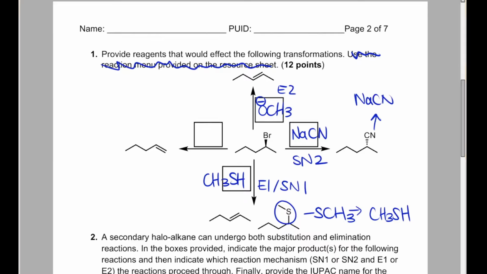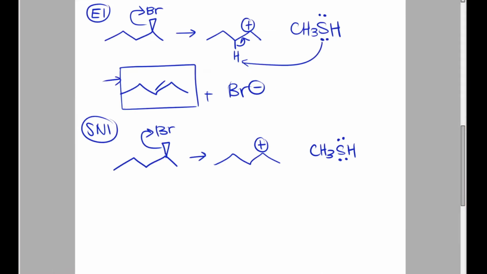But an SN1 reaction will not create an inversion of stereochemistry, because the leaving group has already left, and we're just left with a carbocation. Both the top and bottom side of the carbocation are relatively unhindered. So this sulfur atom, or this nucleophile, is going to attack equally from both sides.